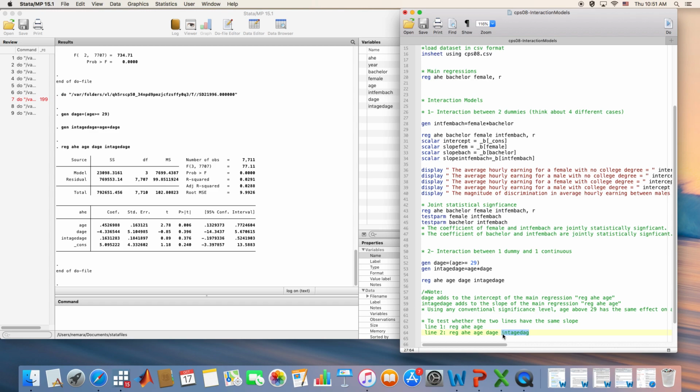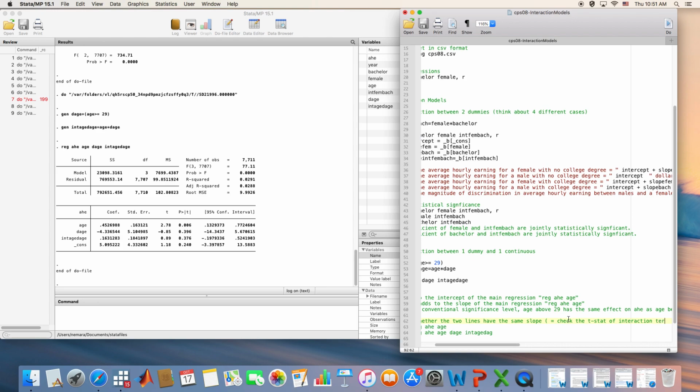So this is exactly equivalent to checking the t-stat of the interaction term, because the interaction term is the only addition to the slope.